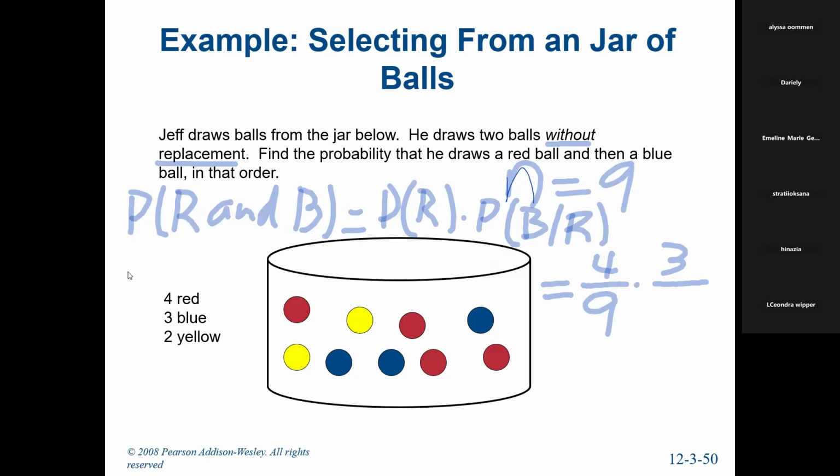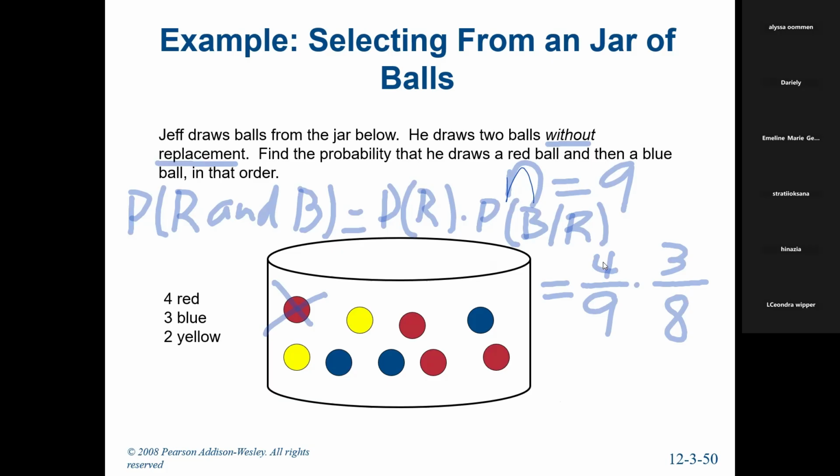No, 8, because you didn't put it back. Very good. Suppose it shows this red ball here. That's the first ball. How many are left? We got 8. So it should be 3 over 8 because it's not put back. Is this clear?